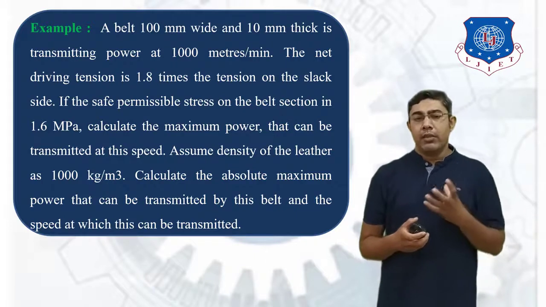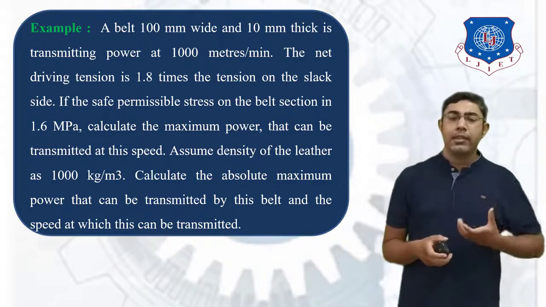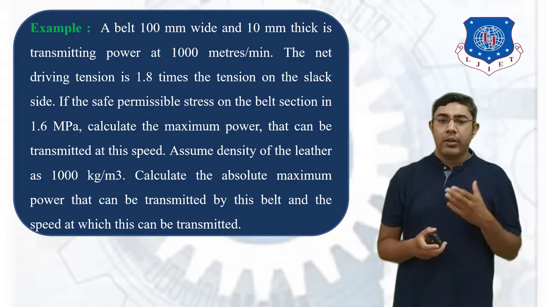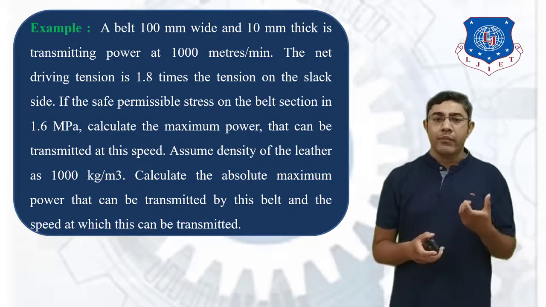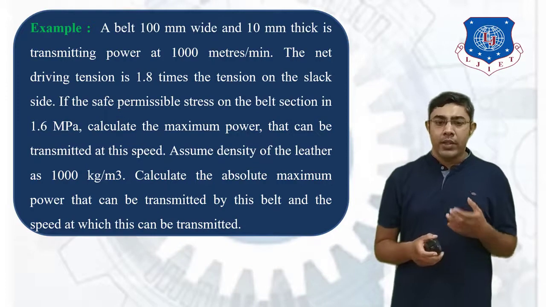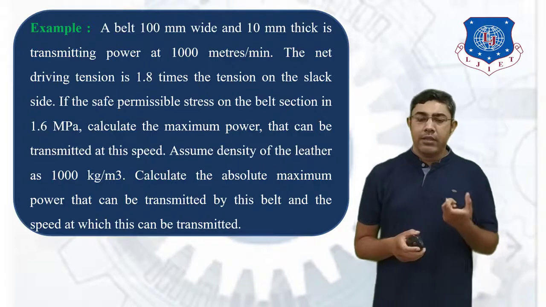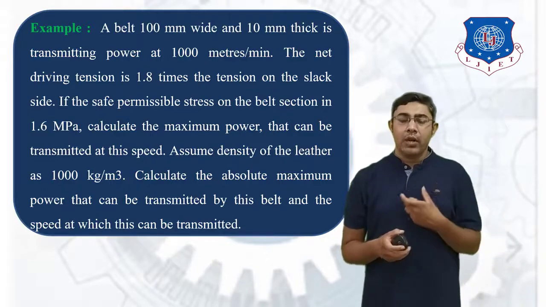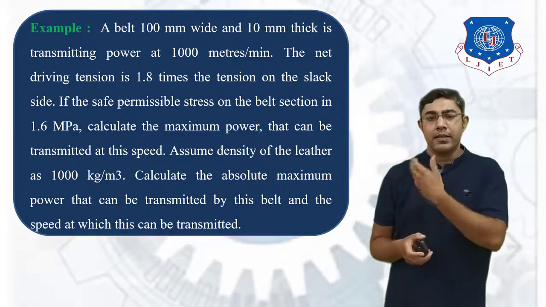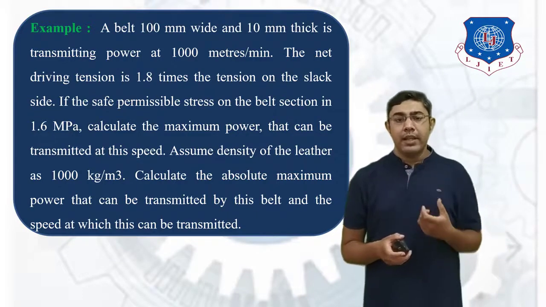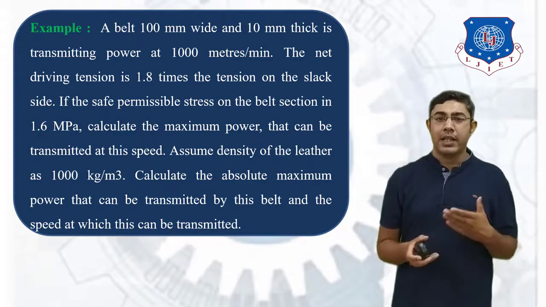So after calculating the power transmitted at the given speed, we have to derive the maximum absolute power according to the maximum condition, and also the speed for the maximum power. So first we calculate the power transmitted at the given speed. Second, we calculate the speed at which the maximum power can be transmitted by the belt, and third, we calculate the maximum absolute power transmitted by the belt.